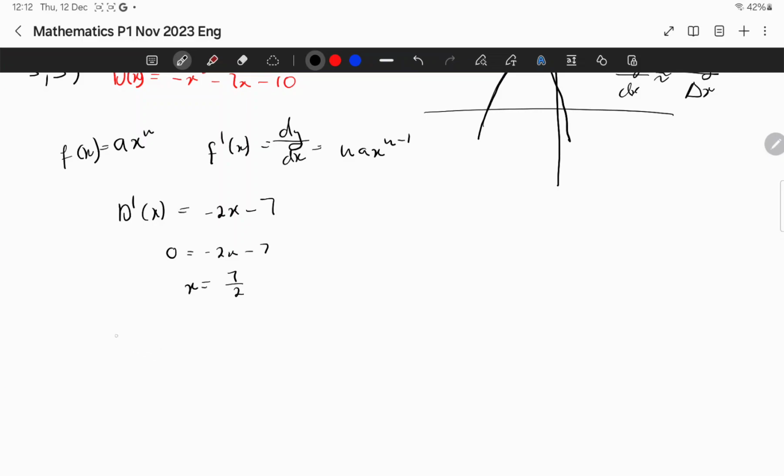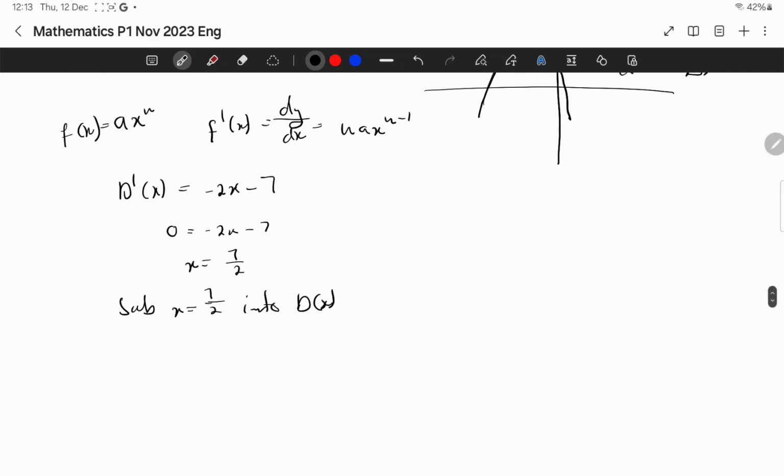Now, go back to the distance function. This function, remember, gives us the distance. And substitute 7 over 2 where I see x. Let me write that down for you. Sub x is equal to 7 over 2 into d of x.